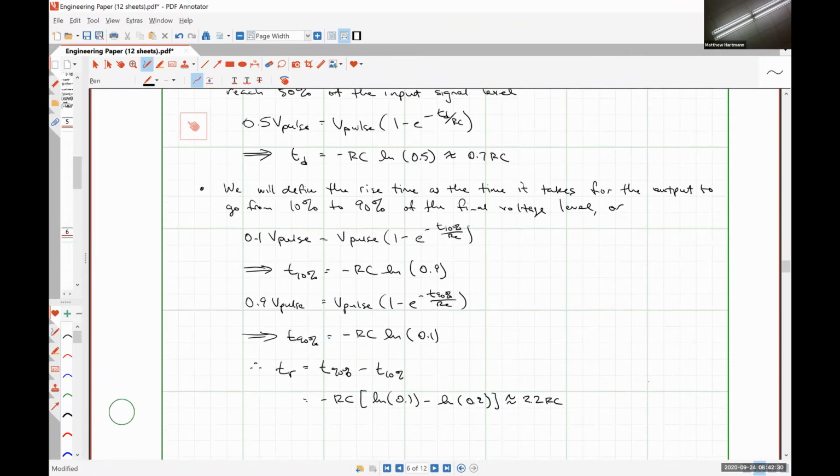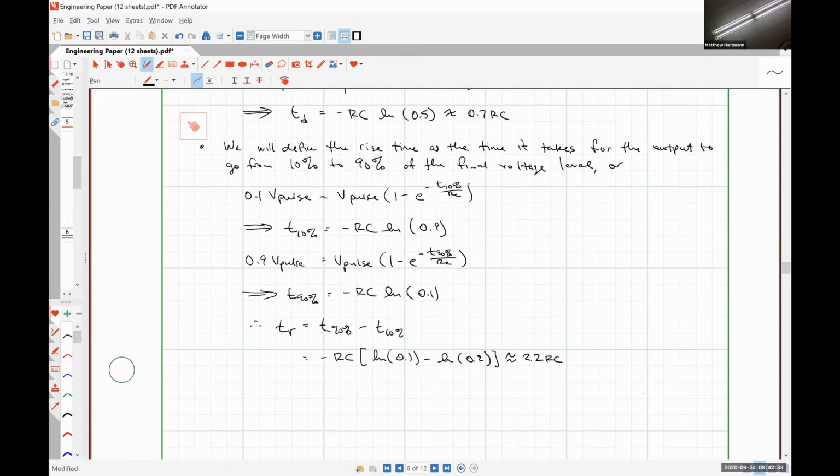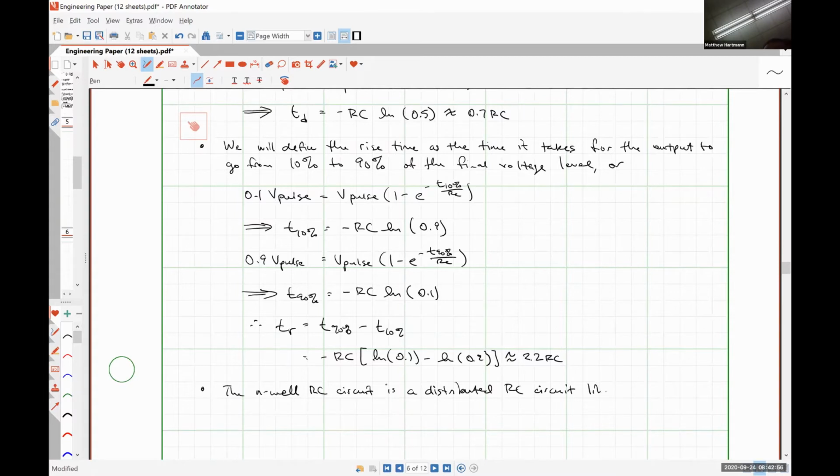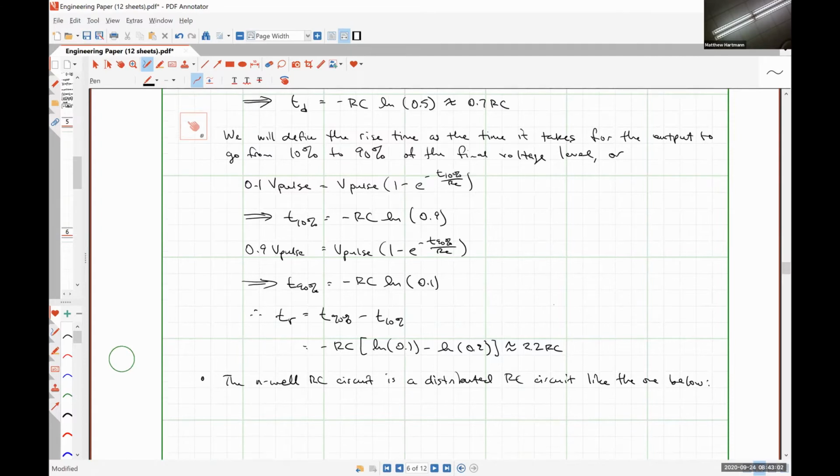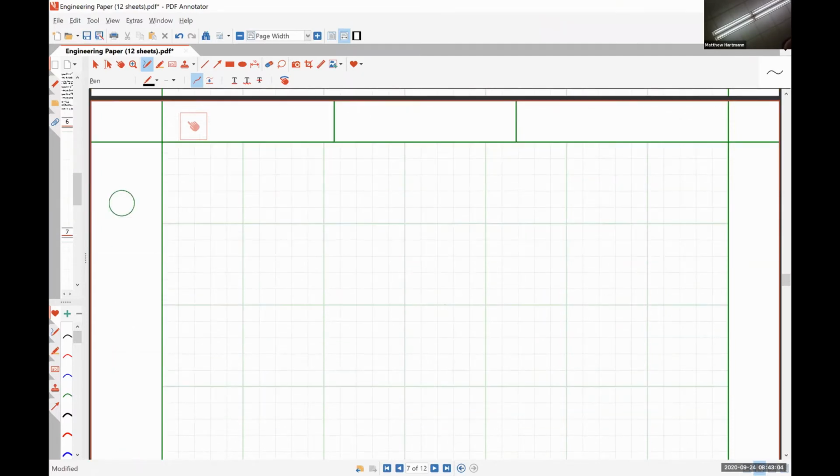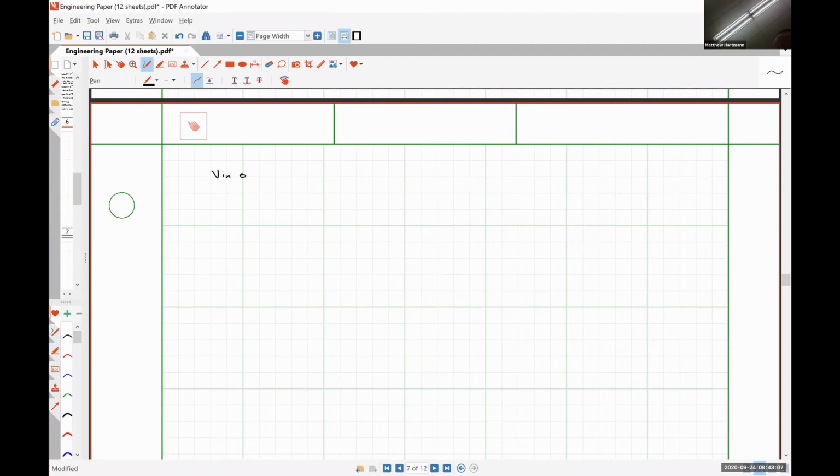But our N-well RC circuit, excuse me, is a distributed RC circuit, like an RC transmission line. So I guess I'll come down here. So here is Vin.